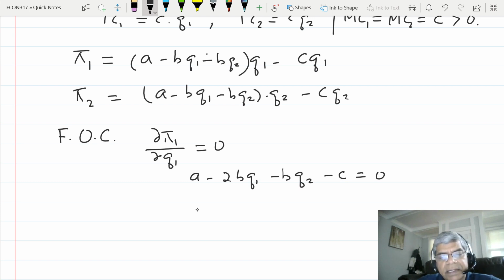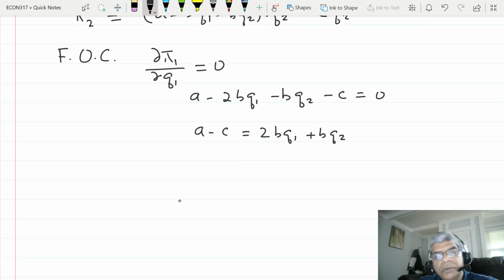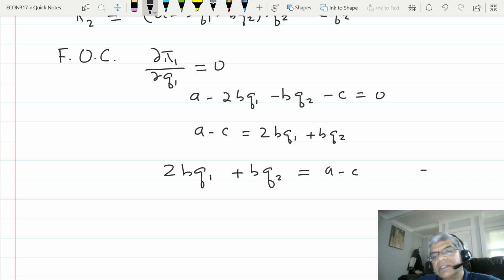I could rewrite it as A minus C equal to 2BQ1 plus BQ2. I have moved the two terms in the middle to the right hand side. Or I could rewrite it as 2BQ1 plus BQ2 equal to A minus C, so that I have the unknowns on the left, constant on the right.